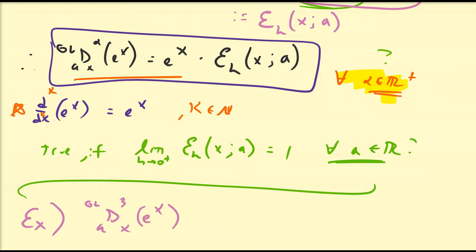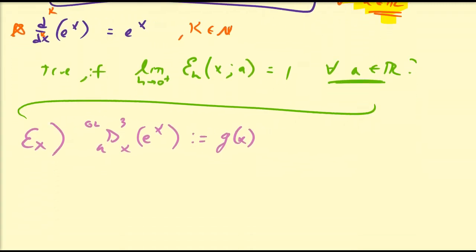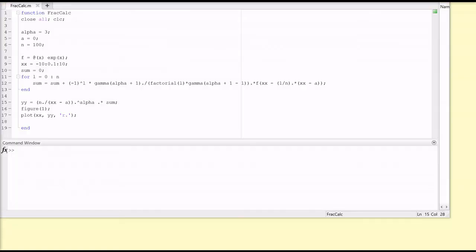I'm going to call this function g. Ideally we want g of x to be equal to e to the x. I'm going to look at a few base points, so I'm going to go over to Matlab and write up a quick script so I don't have to calculate these series by hand.